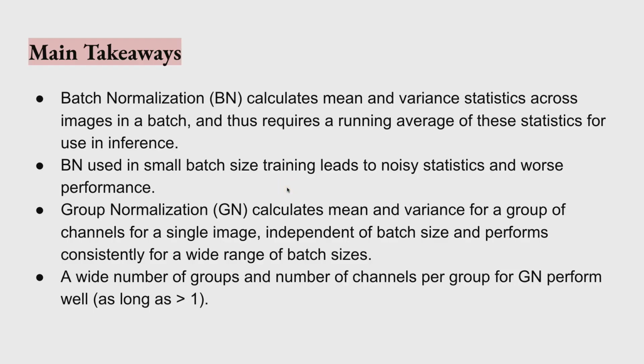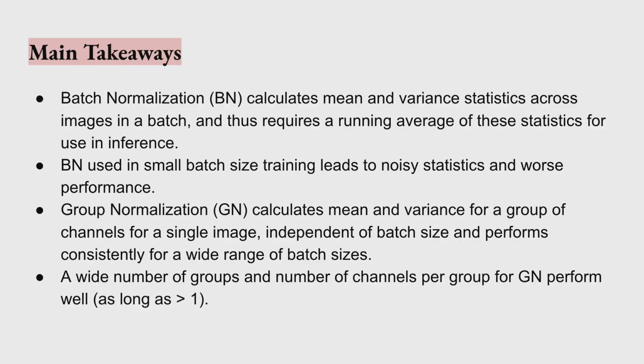All right, so returning back to my main takeaways, batch normalization calculates mean and variance statistics across images in the batch and as a running average across batches, which is used for inference. Batch normalization used in small batch size training leads to noisy statistics and worse performance.